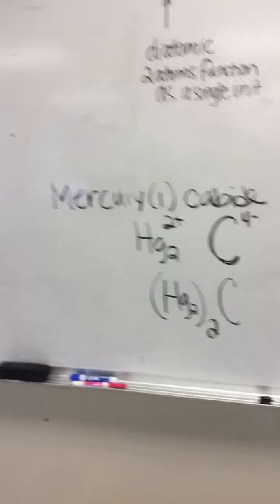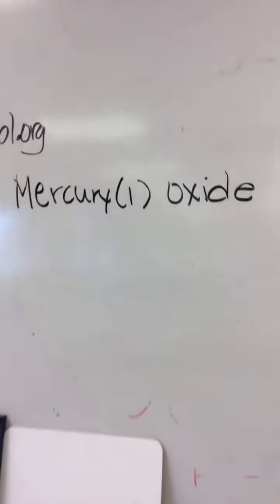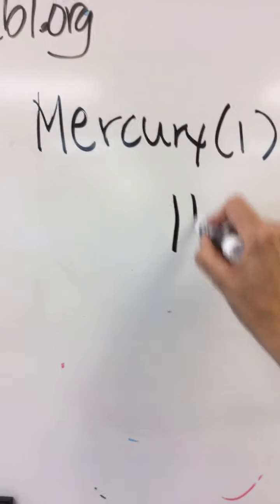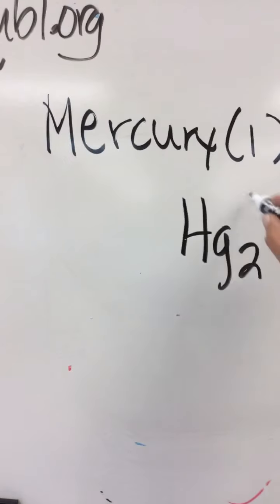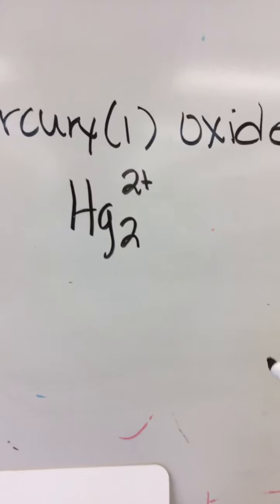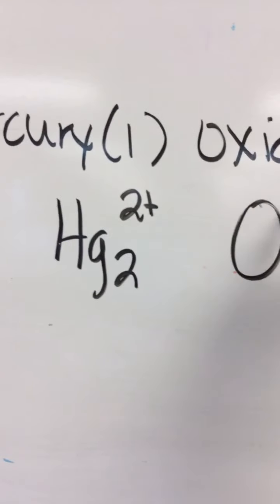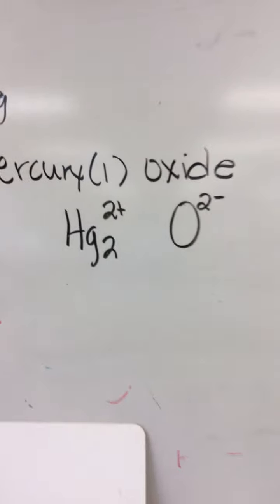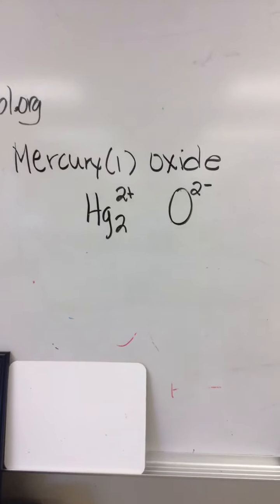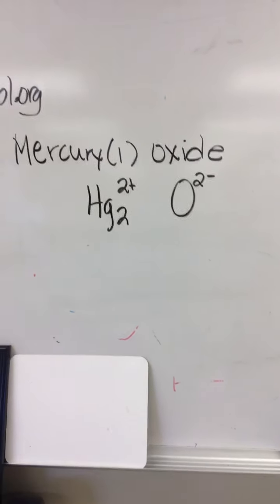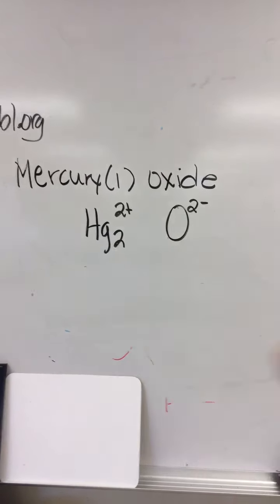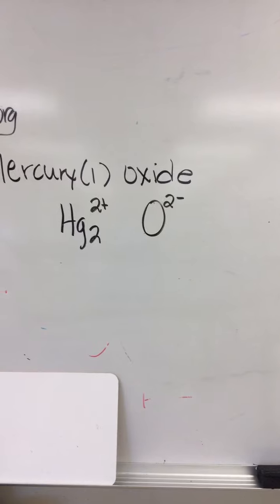Okay? If I wanted to make something like a mercury 1 oxide, we could do a mercury 1 oxide as well. We're going to write out its charges with the superscript, and we're going to write out oxide's charge with the superscript. Oxide is a 2-. We can still follow all of our ionic compound rules that state if we have a +2 combined with a -2, we can already just squeeze their symbols together.